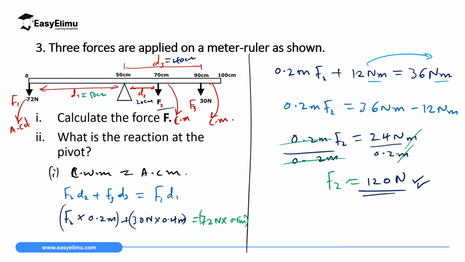So the force that we must exert at F2 so that it balances the force on the left hand side is 120 Newton. Then the second question asks us, what is the reaction at the pivot?